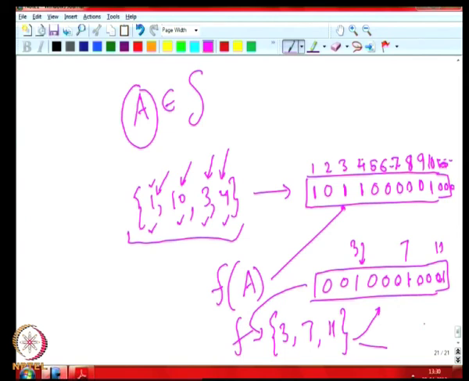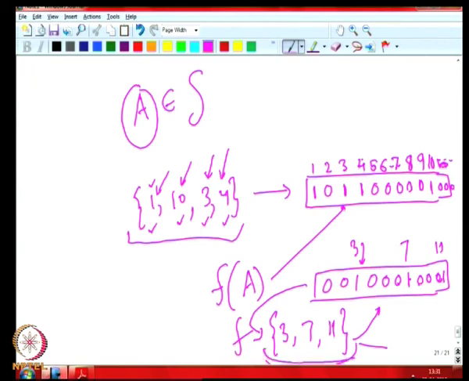Two different strings cannot have the same position numbers where the ones are set, because if you collect all the positions where we have put 1, that will give exactly one set. So two different strings, unless they are the same string, cannot get the same set back.